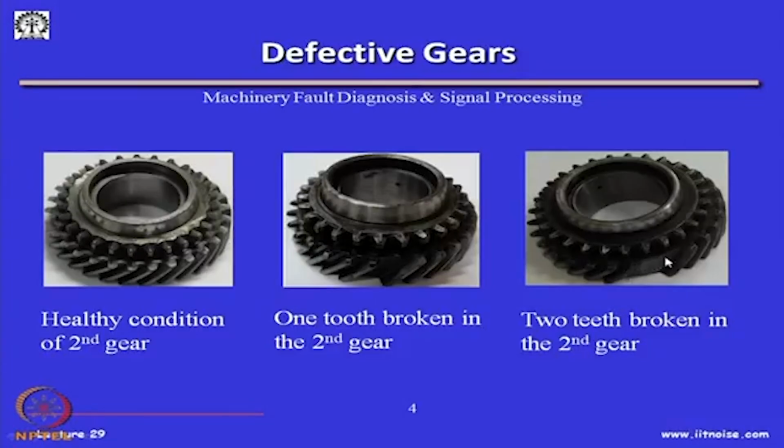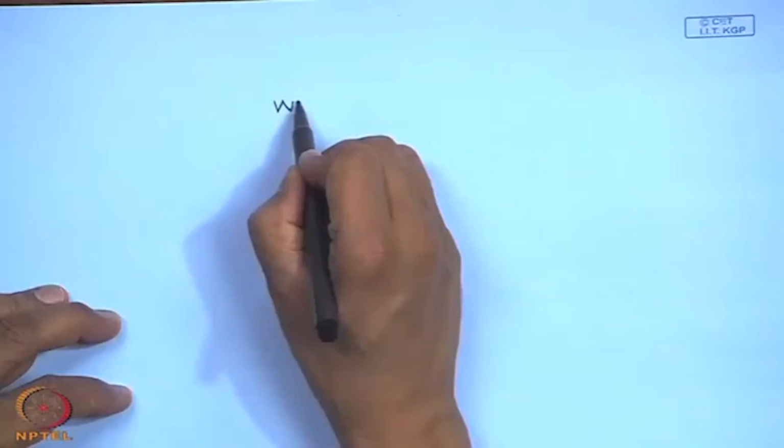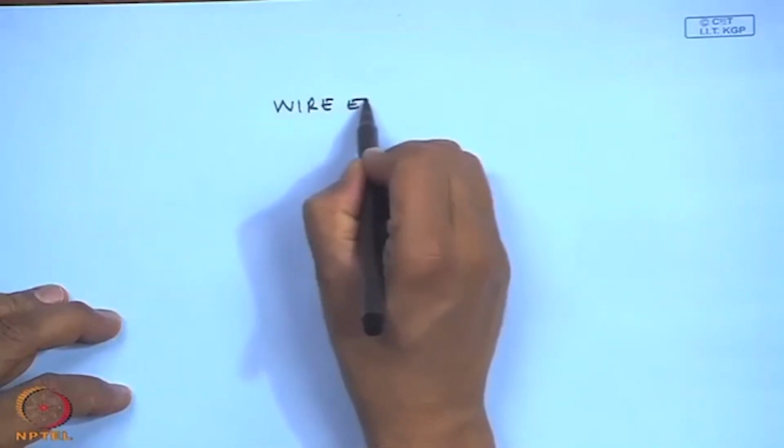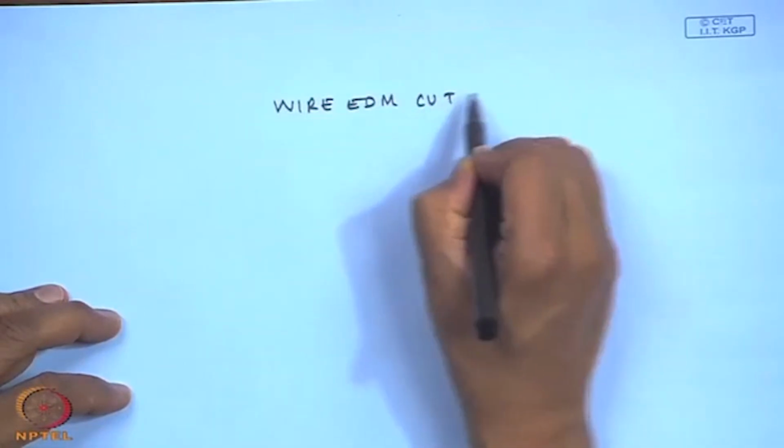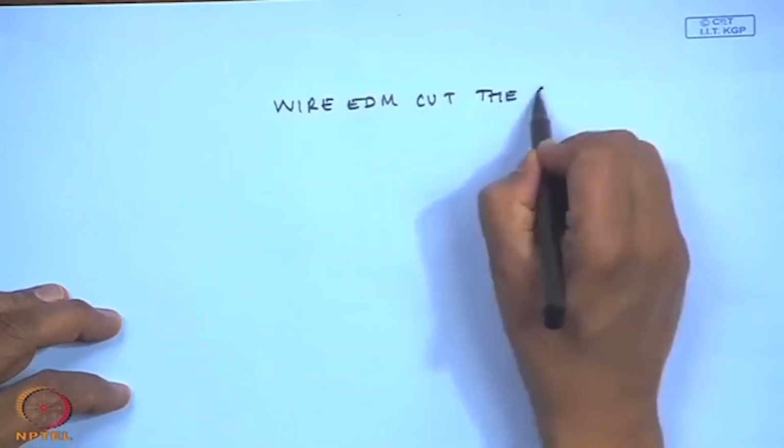So, this is where we have removed 2 teeth, because we are trying to do some experiments on vibrations of the gearboxes because of such defects. They are so hard that we had to use wire EDM to cut the gear tooth.